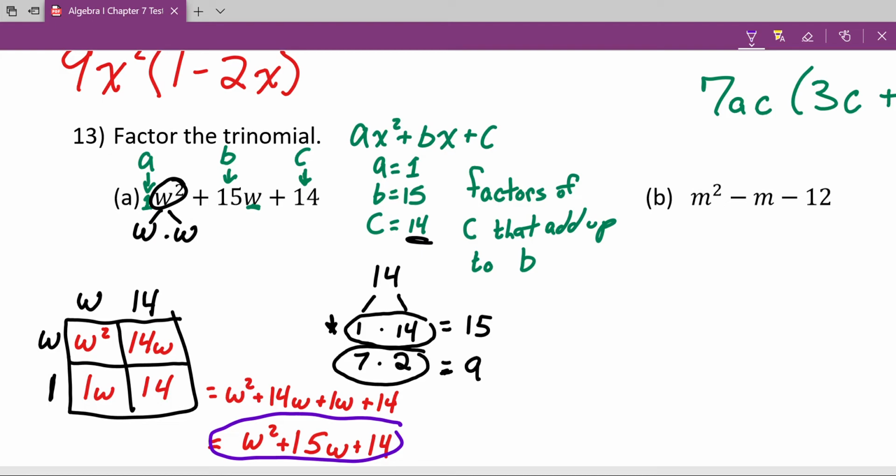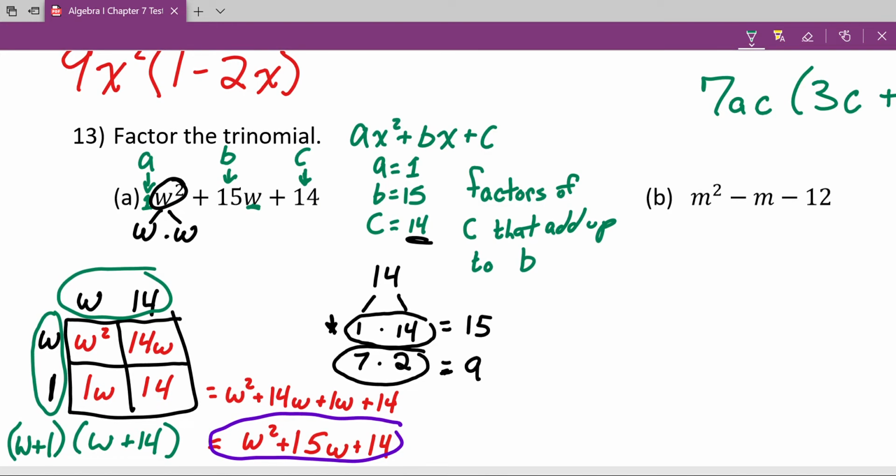My answer is actually these binomials right here. So I know that this is a w and a positive 1. So the binomial would be w plus 1 times w and a 14, so that's w plus 14.